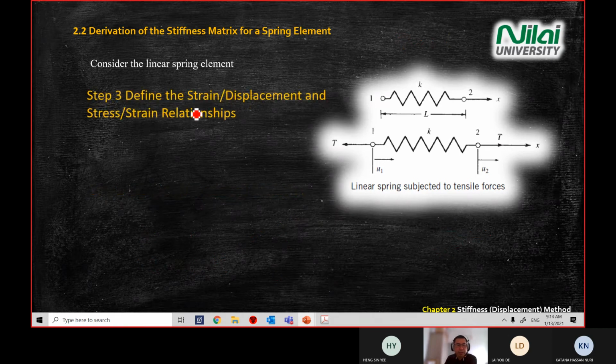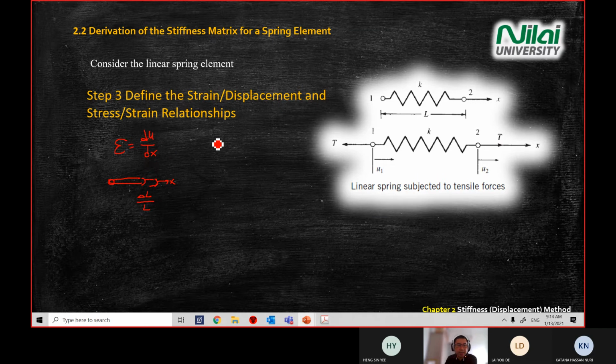Step number 3. Again, recall the strain and displacement relationship. Strain equal to du over dx. Or recall when you learned about strain, delta L divided by L. So we just change it to another mathematical form: strain equal to du over dx, where u is the displacement in the x direction.